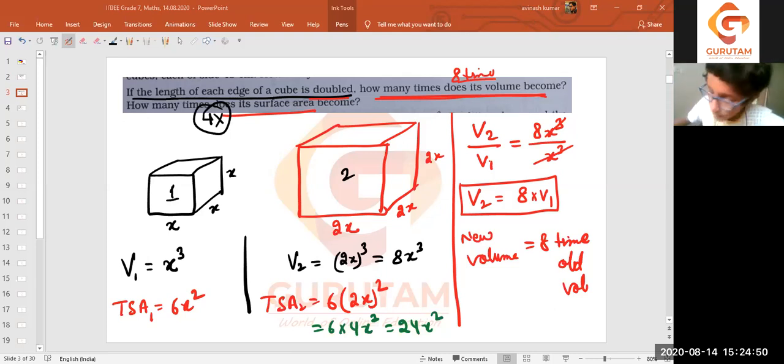This cube has side x, and this is 1, and I have a bigger cube with sides 2x, 2x, and 2x. So TSA 1 is equal to 6x square.